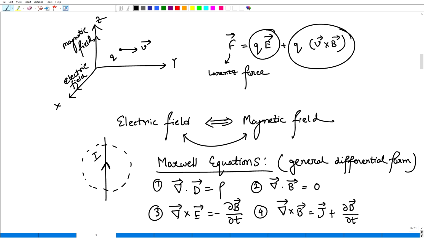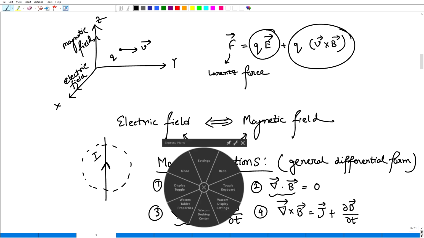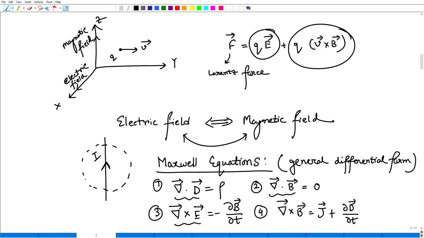So, this is general and it is in differential form. We can see these two are divergences and these are the curls. Okay. So, first we understand these equations, then we will discuss.